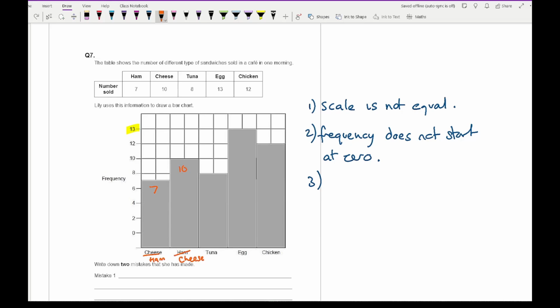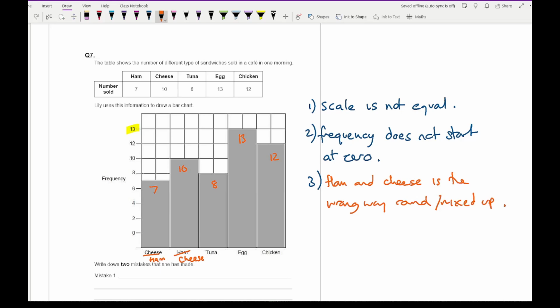In terms of the heights of the bars, I do believe they seem correct, which they are. So again, ham and cheese is the wrong way round, or mixed up. And I do believe that's it.